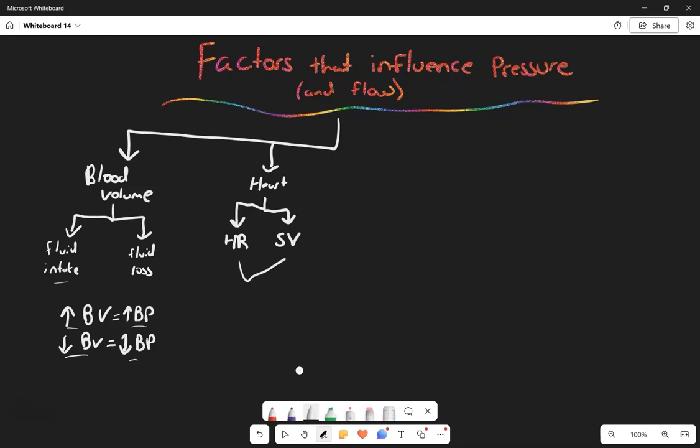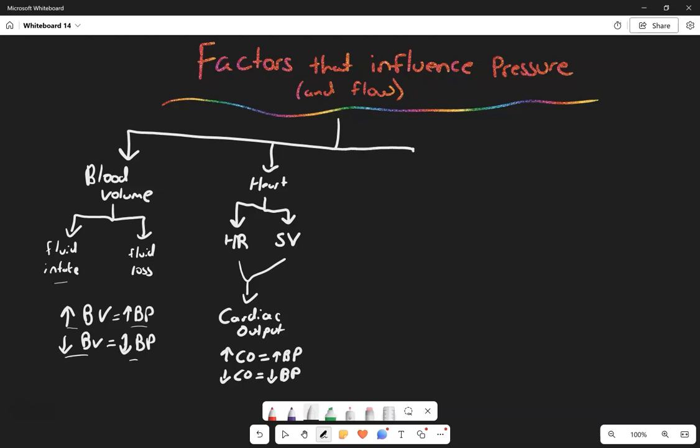So remember that these two things combined are our cardiac output. So if we increase cardiac output, that's going to lead to an increase in pressure. If we decrease cardiac output, that's going to be a decrease in pressure.